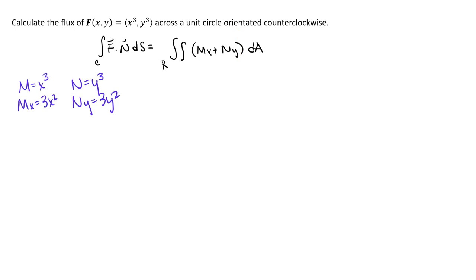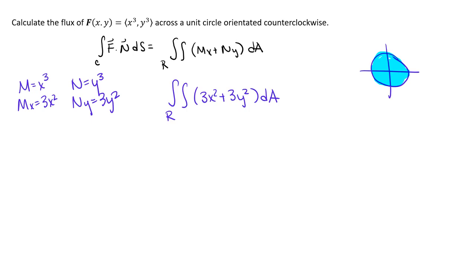So M is x to the third, N is y to the third, Mx is 3x squared, and Ny is 3y squared. So we're going to integrate 3x squared plus 3y squared over the area of my unit circle, so radius of 1. Once again, I'm going to put this in polar coordinates.